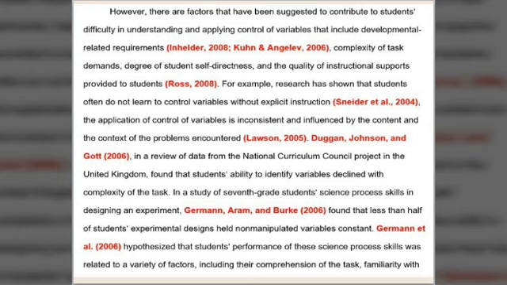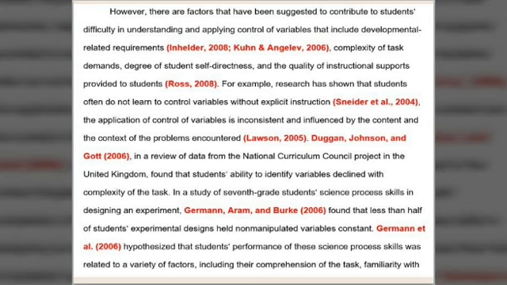German et al. 2006 hypothesized that students' performance of these science process skills was related to a variety of factors, including their comprehension of tasks and familiarity with, and so on and so forth.